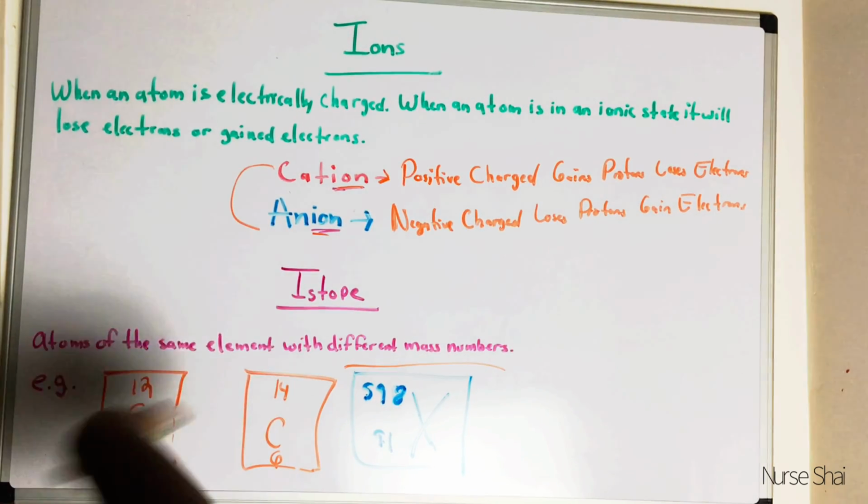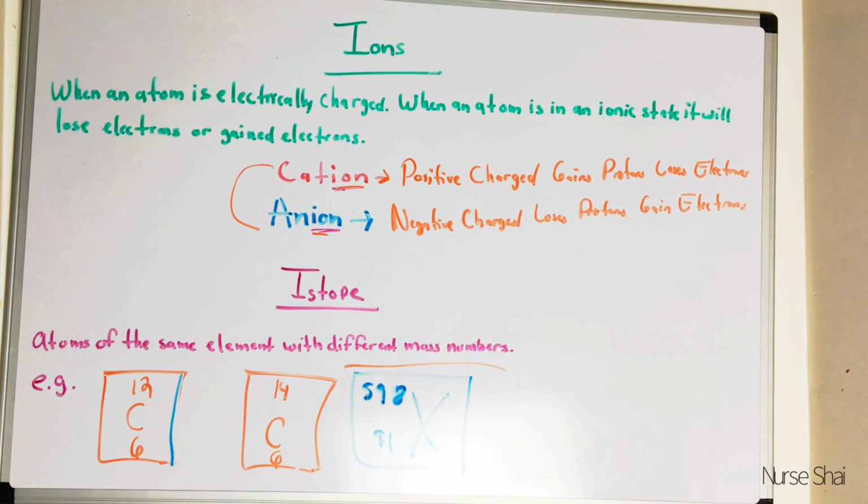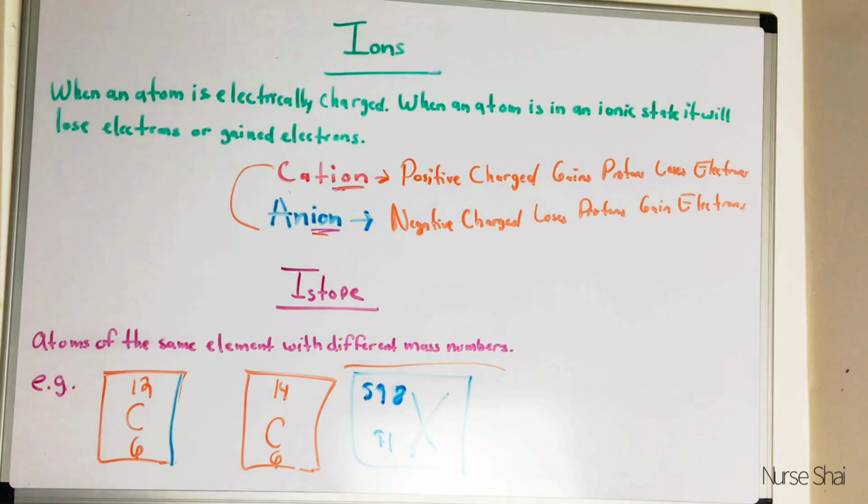Okay, so back to the isotope example. You definitely want to keep in mind that we have the same element. These two are carbon, so they're the same element, but they have different mass. Do they have different mass? Yeah. And just in case you don't know for sure, you can always do some calculations, like we did earlier.